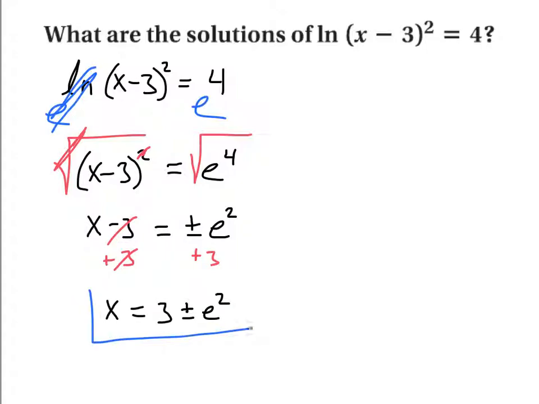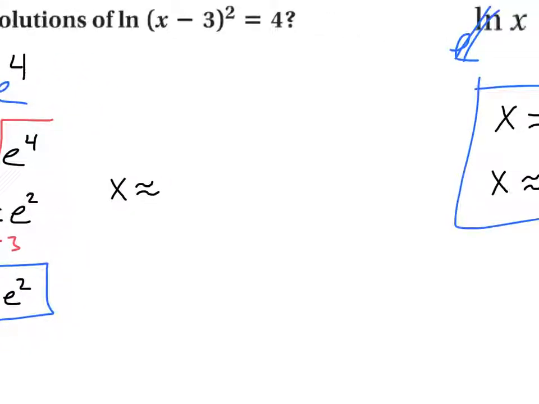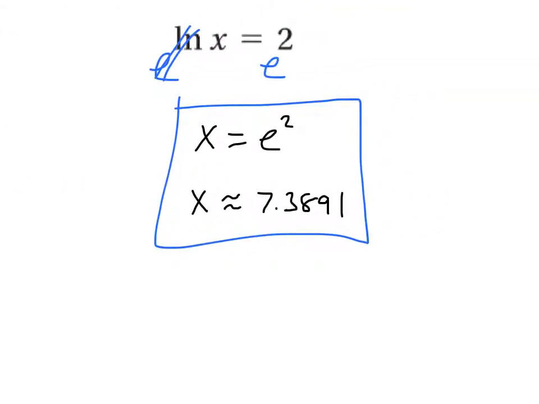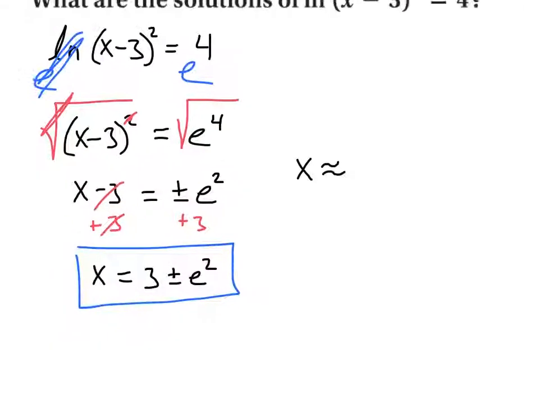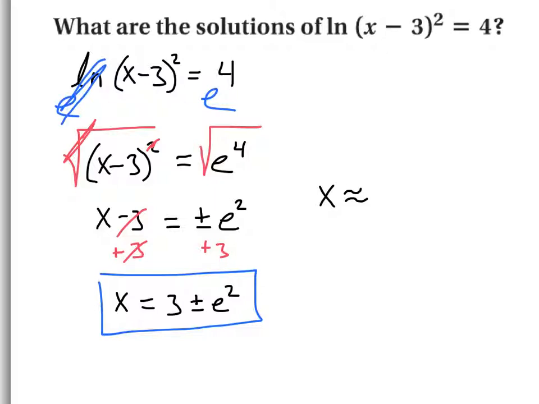Okay, so there's the exact answer. Let's go ahead and find our approximations. So x is then approximately, well, again, e squared. We just did that in the last problem. e squared is 7.3891. So then what is 3 plus 7.3891?